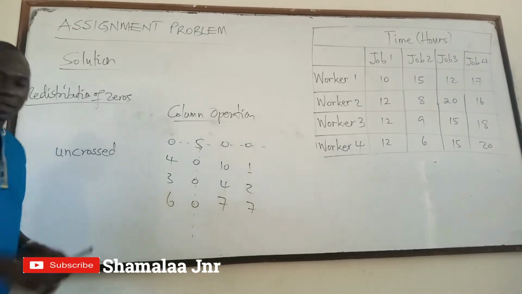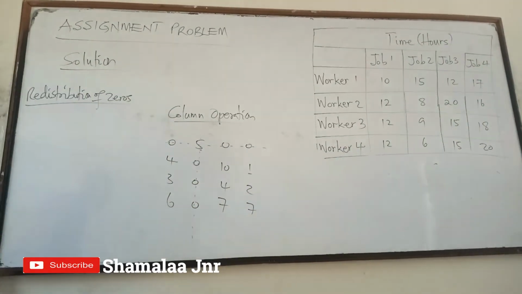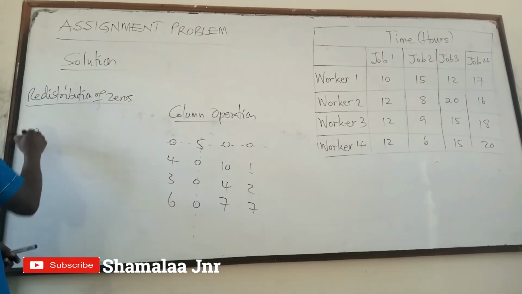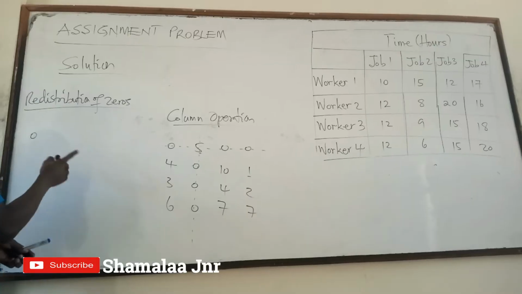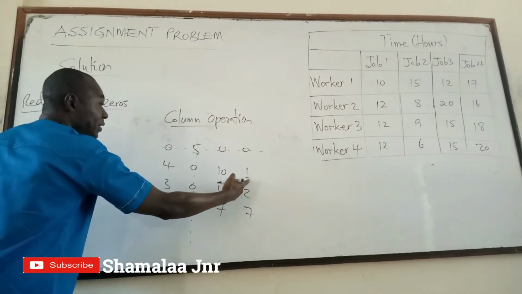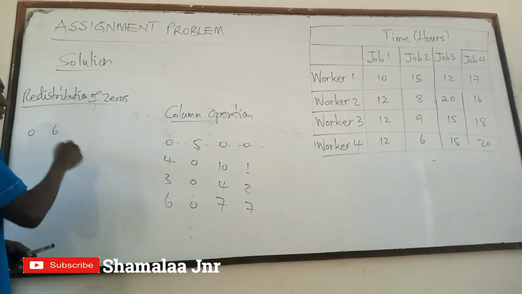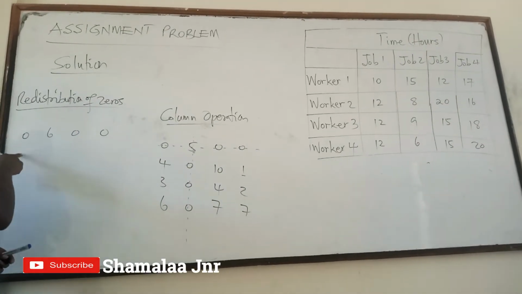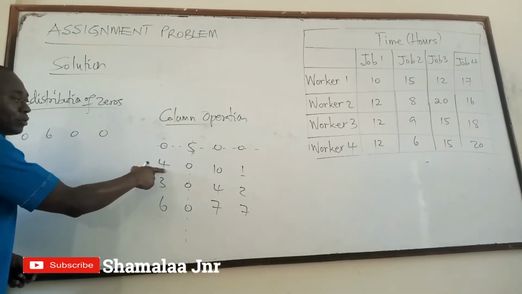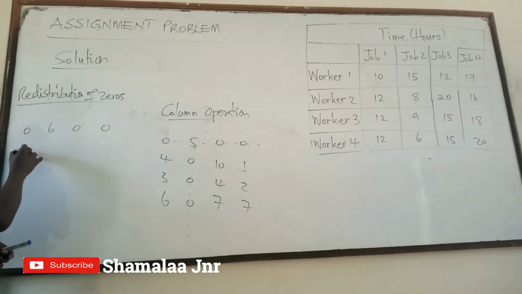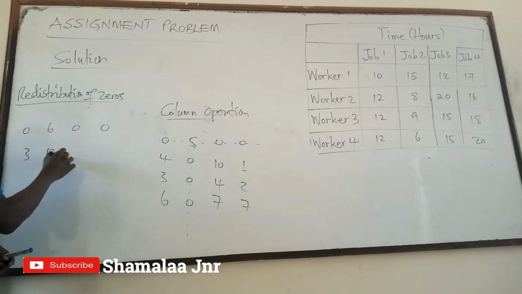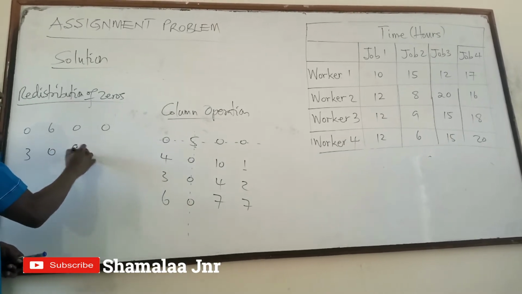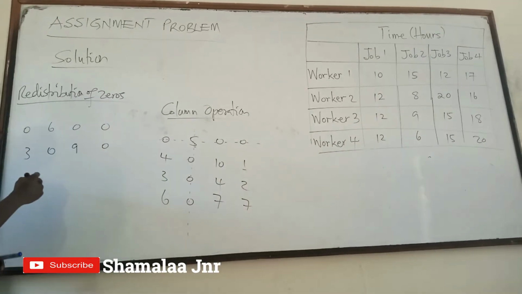Are you seeing it? Okay, so let's continue. If you do that, you're going to have 0. 0 is not a junction. 5 is a junction, so we are adding the smallest uncrossed number to it, to make it 6. This 4 is an uncrossed number, so we are subtracting the 1 from it. So this is 3, this is 0. We subtract 1 from 10, that would be 9. 1 from 1 will be 0.